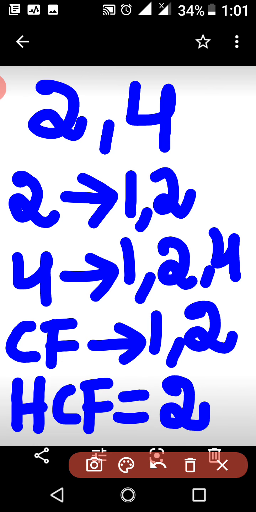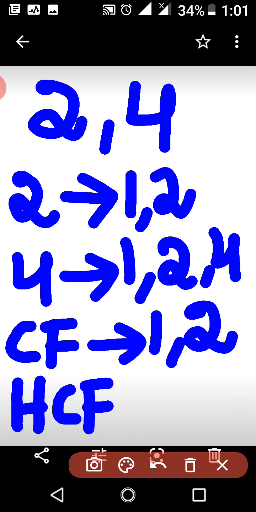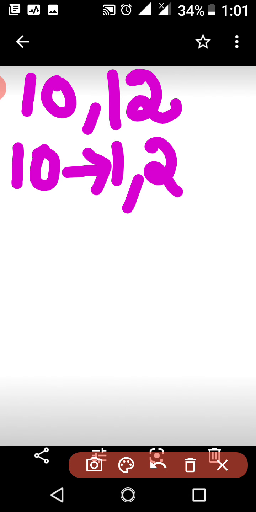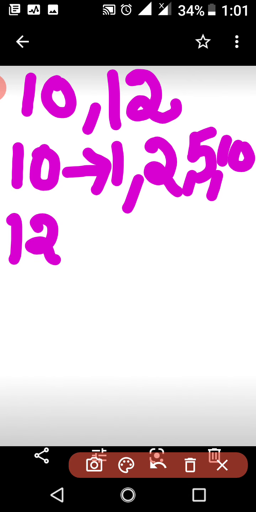Let me take one more example. I am taking 10 and 12. These two are also consecutive even numbers. Then what are the factors of 10? Factors of 10 are 1, 2, 5 and 10. What are the factors of 12?